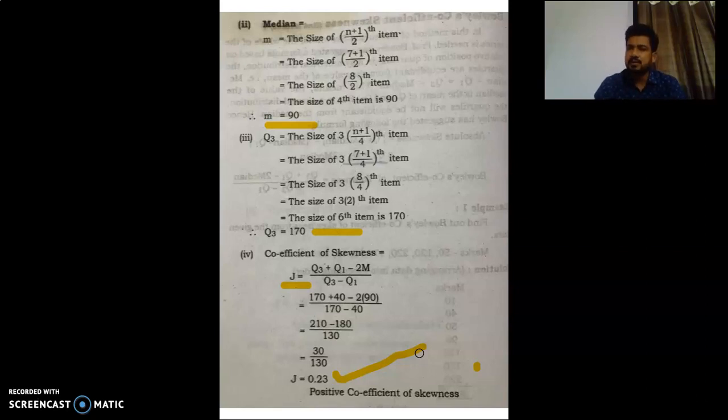So this is a very simple problem of individual series, and the problems of coefficient of skewness are actually very simple. Summing up, for Bowley's coefficient of skewness we need the first quartile, the third quartile, and the median. When we have calculated these three things, we can use the formula and we will have the answer.